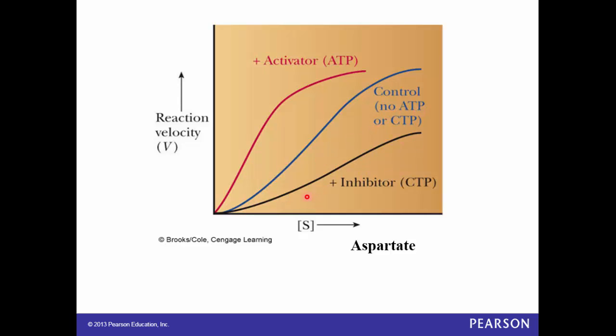Now, in the presence of the inhibitor called CTP, the curve is shifted to higher substrate concentration and becomes more and more sigmoidal. However, in the presence of activator like ATP, the curve is shifted to a higher reaction velocity at low substrate concentration, and the curve becomes less sigmoidal and more hyperbolic.